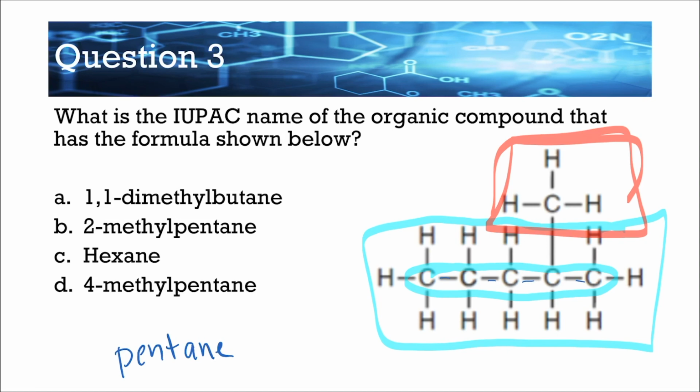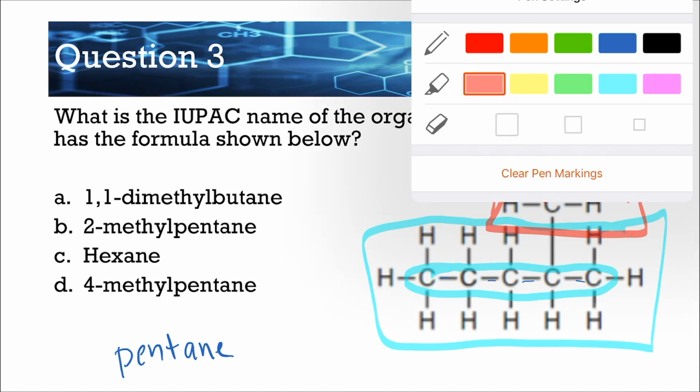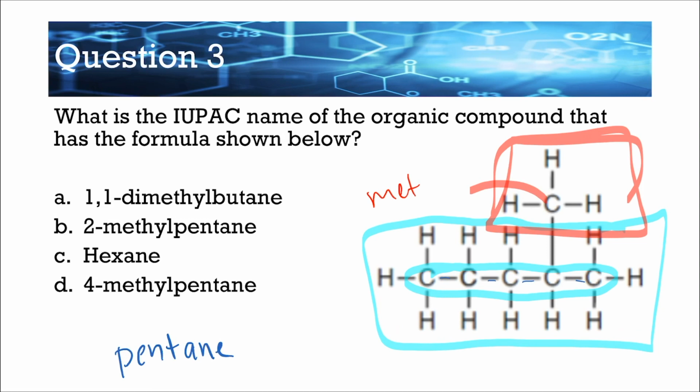So 1 carbon, we know that is meth, and when it's a branch, you end with YL as an ending. And then we have to give the address where this methyl group lives. So right now our name has methylpentane, and we've got to give it a home.